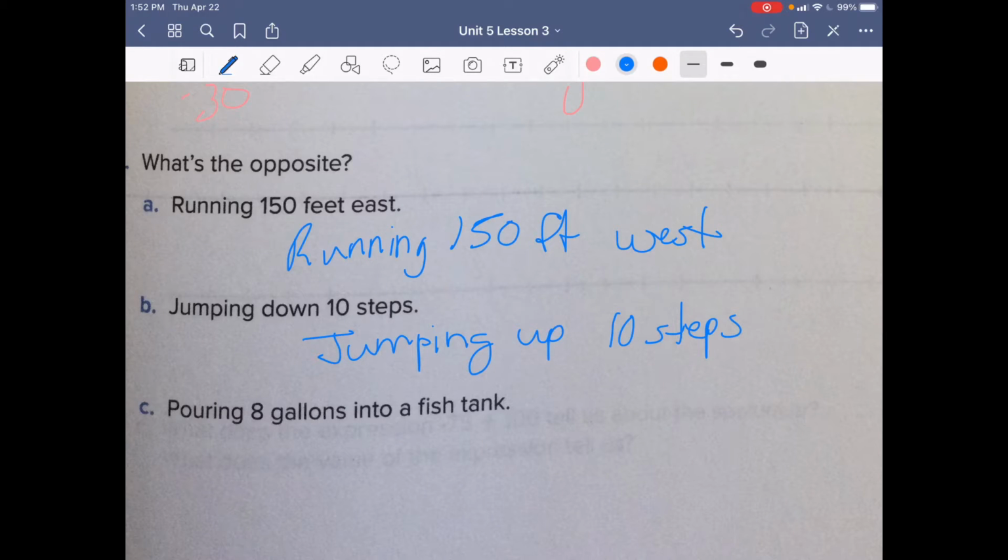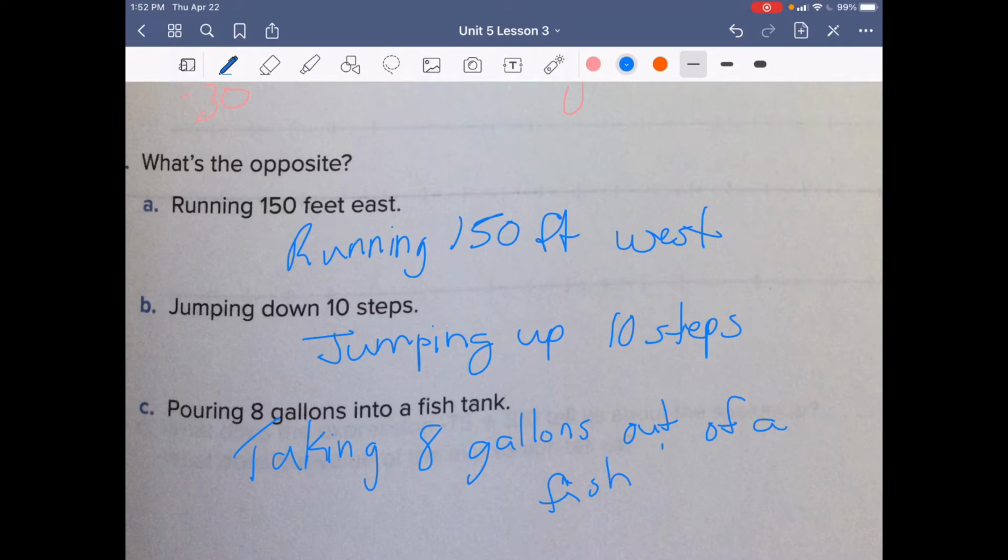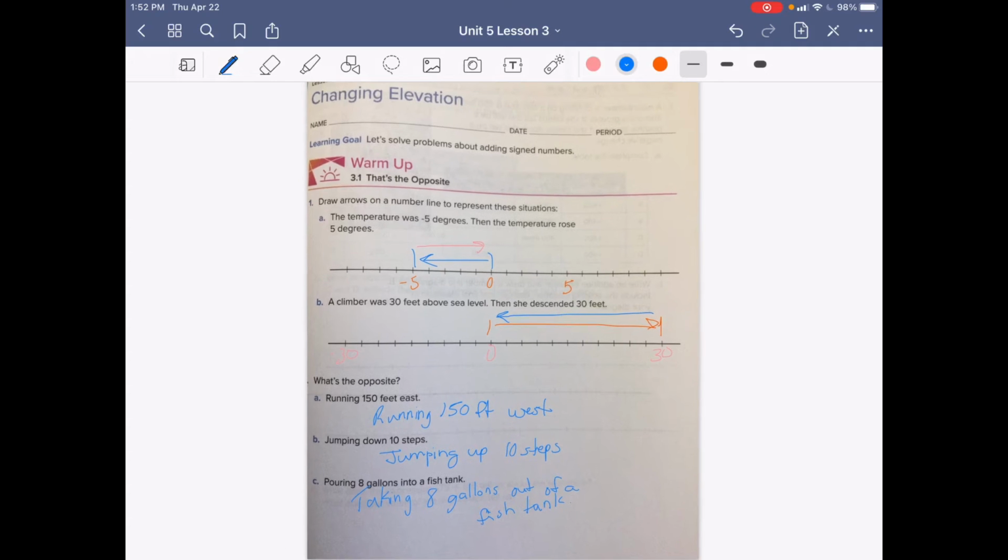And for C, pouring 8 gallons into a fish tank, the opposite would be taking 8 gallons out of the fish tank. Wonderful. So that was our warm-up page for today.